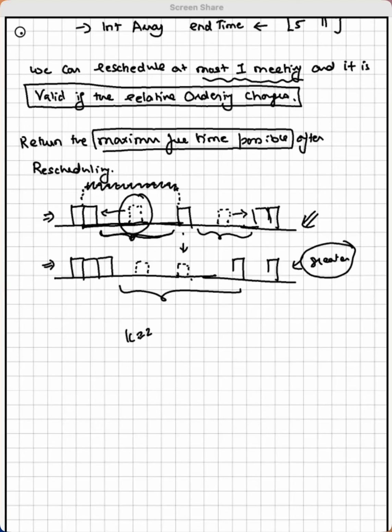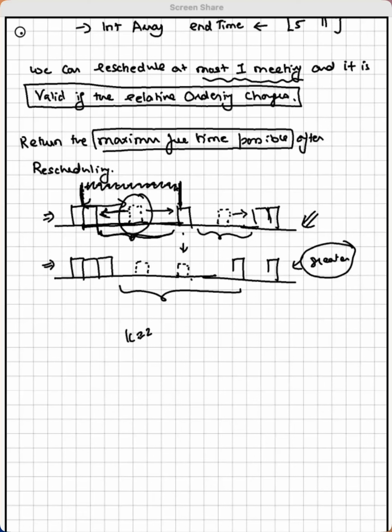The only way for me to get the largest window size was to push this meeting to either the left or the right and create the space, because this particular space that I had was fragmented.